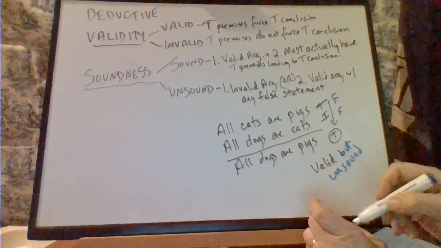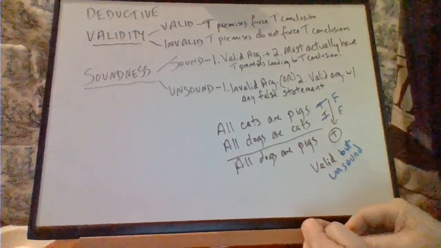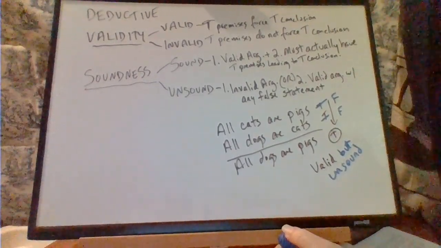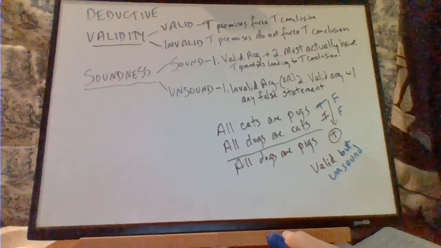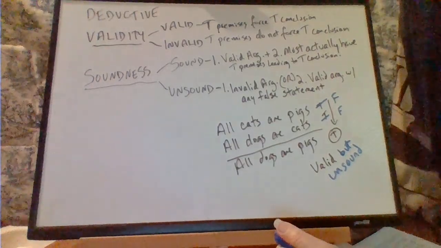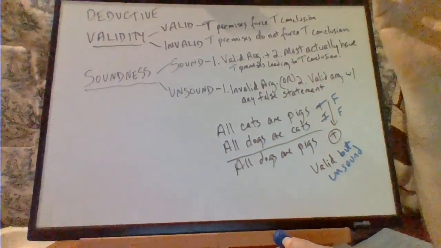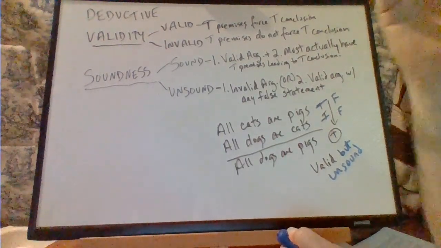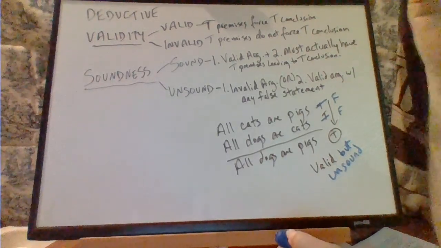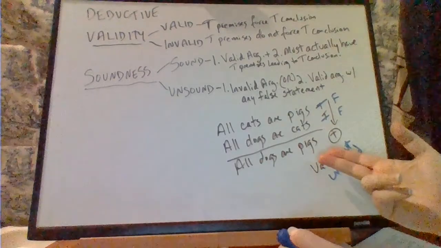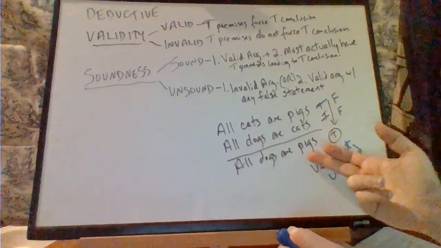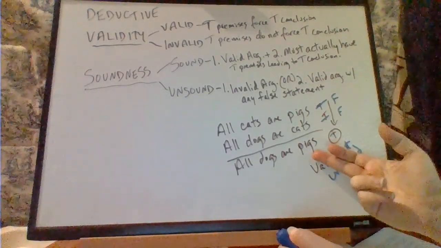Okay. And those are essentially the options that you have in deduction. You can have an argument that is valid and sound, a sound argument. That's what you want. That's a good argument. If you have an argument that is valid but unsound, like this one is, it means the structure, the form of the argument is good.